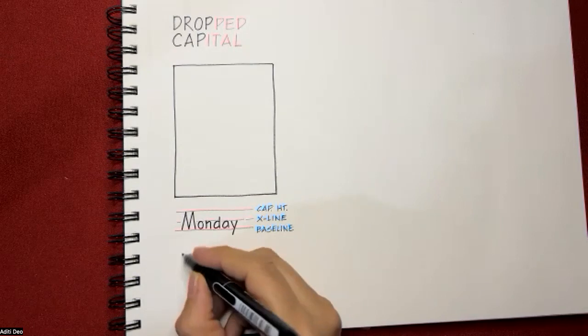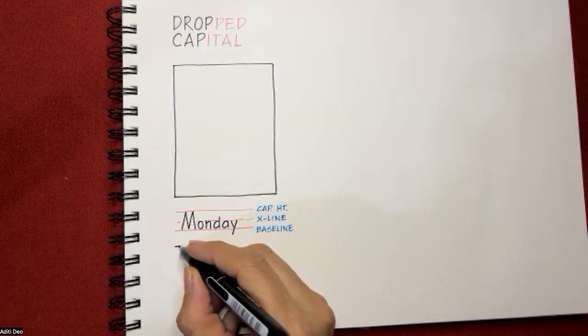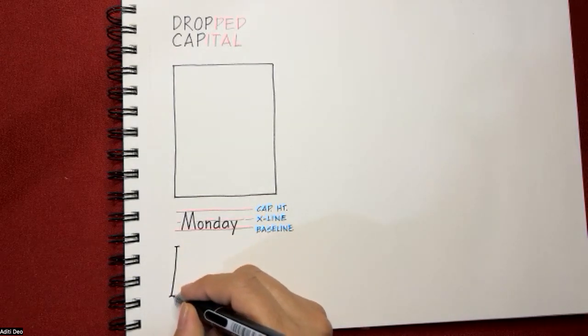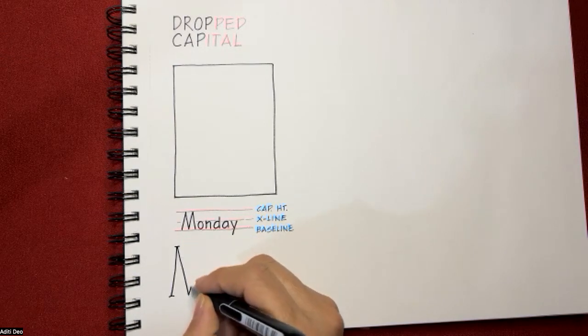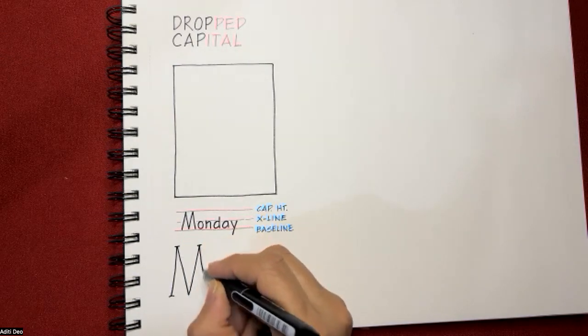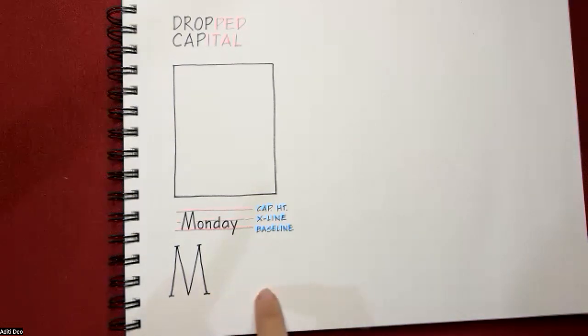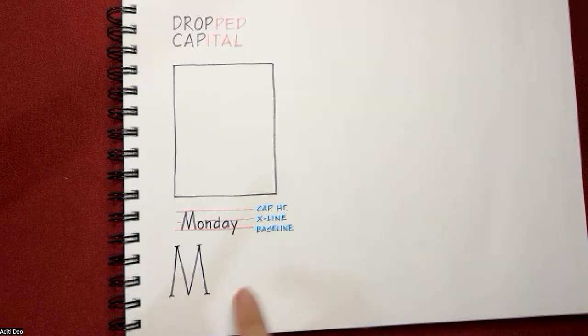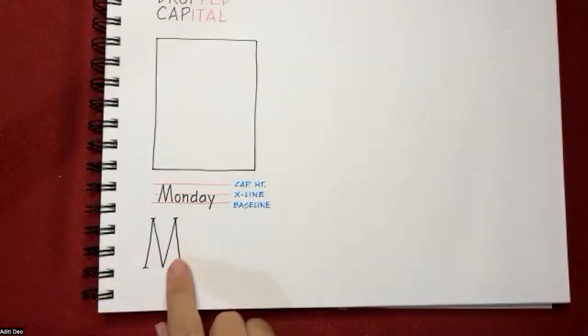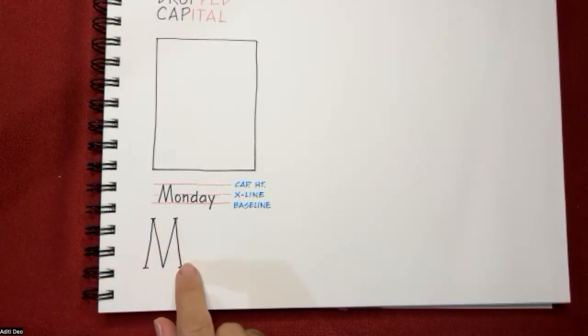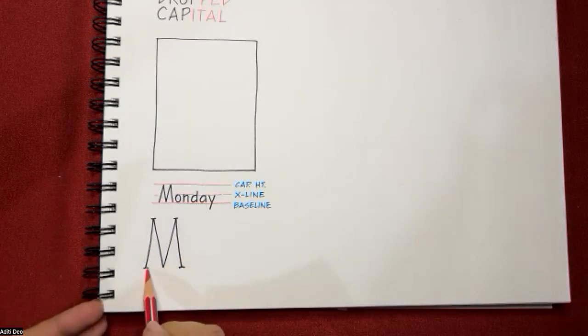So suppose I write a very big decorative M. Now here, if I want to write Monday with these same letters, Monday is a great day for art. Suppose I want to write that. It'll look very odd if I write it below from the baseline of M, isn't it?